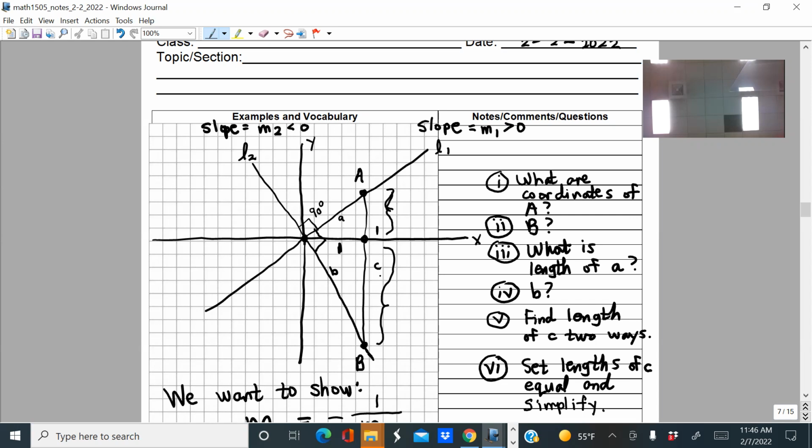Here's where the slope idea is helpful to me. What did I say the slope of the top line was? What did I call that slope? No, right there. What did I call it? M1, right. I called it M1. Now, from this picture, how would you calculate the slope of this line?